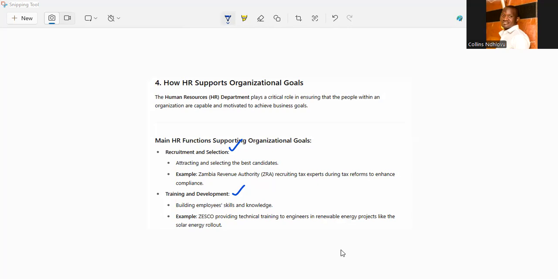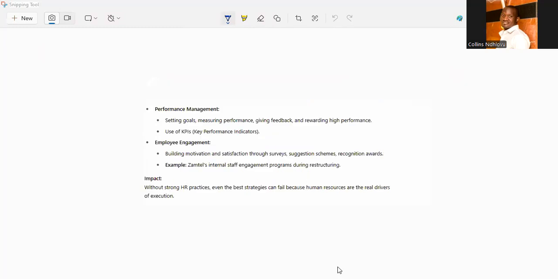Training. It also has roles of performance management and employee engagement. So HR has a duty to play in terms of what? Performance management.